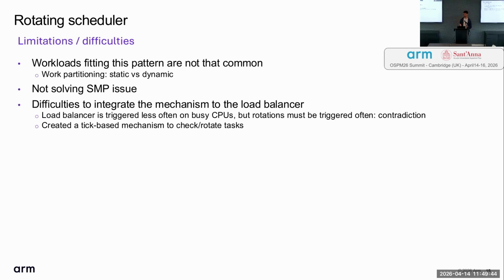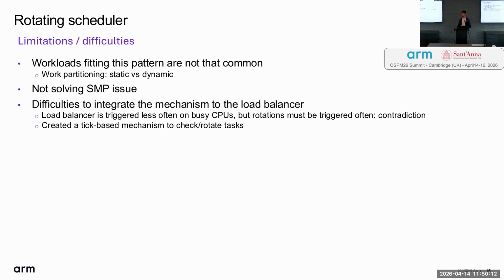Otherwise, what most of the time happens is that you create as many threads as the number of CPUs, and the threads pull work from time to time from a pool of work. So if you do a rotation, it's useless because you have more work items than the number of CPUs. You rotate things, but it doesn't improve anything.